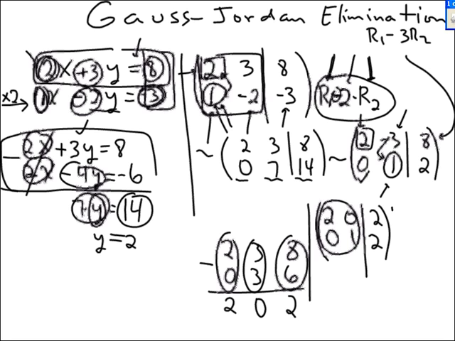Getting rid of the exception just means to divide row 1 by 2. Because 2 divided by 2 gives me 1. 0 divided by 2 happens to be 0. 2 divided by 2 is 1. 0, 1, 2. Okay.